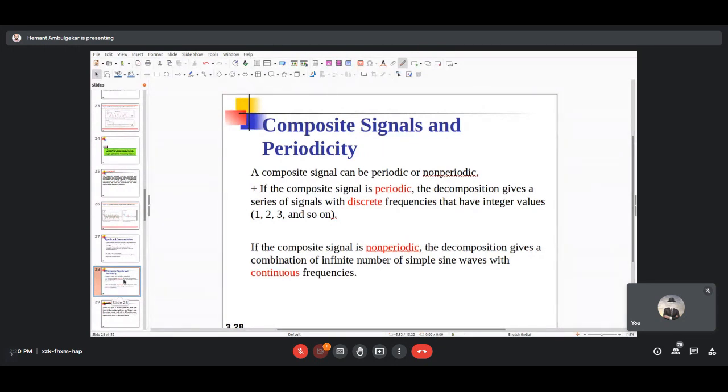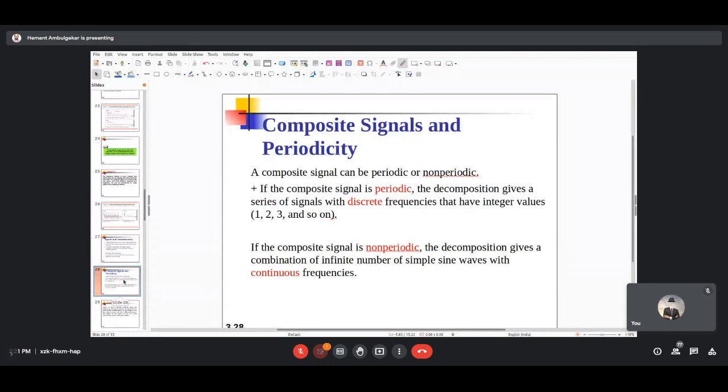We need a composite signal. What do we mean by a composite signal? A signal consisting of a number of sine waves having different amplitude, frequency, or phase.